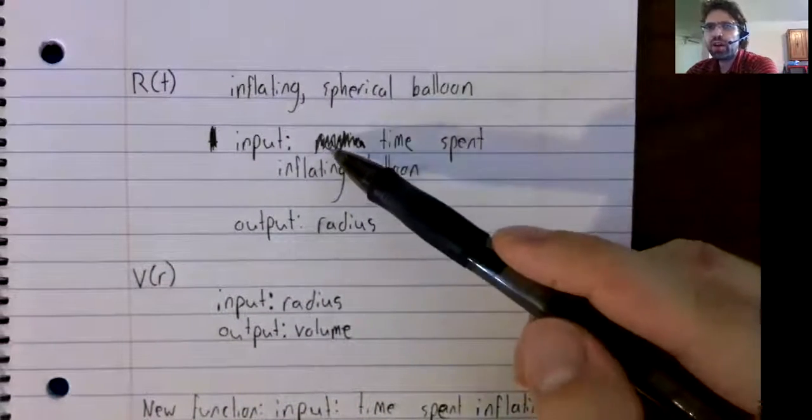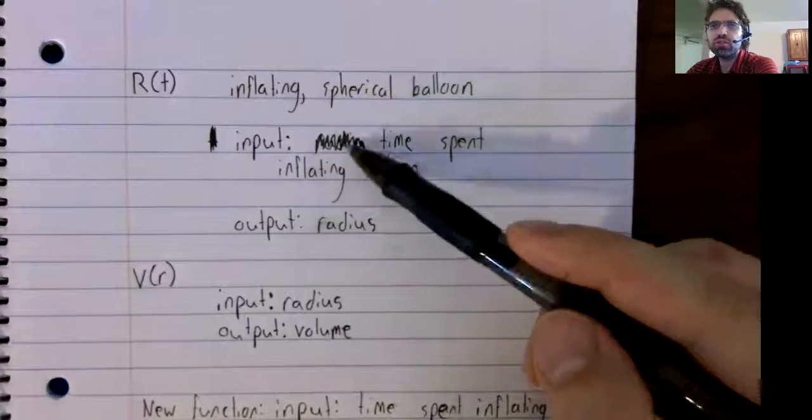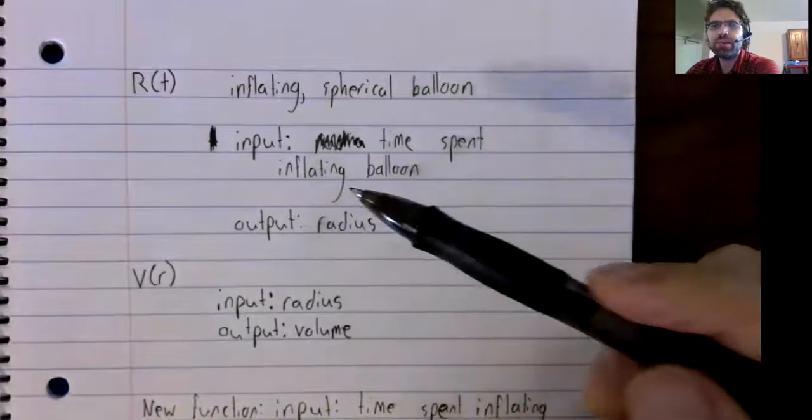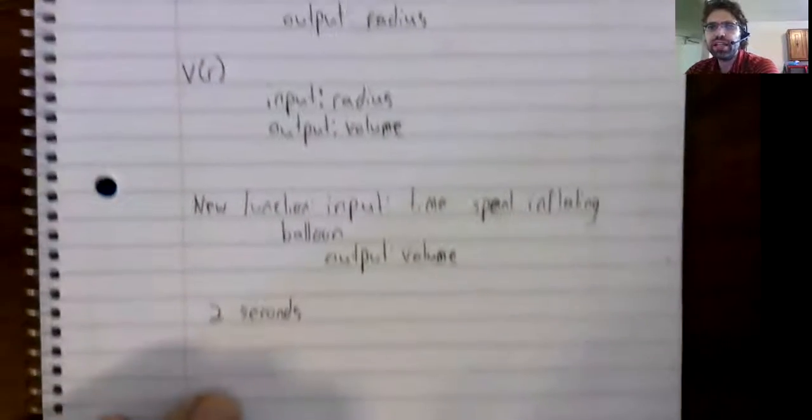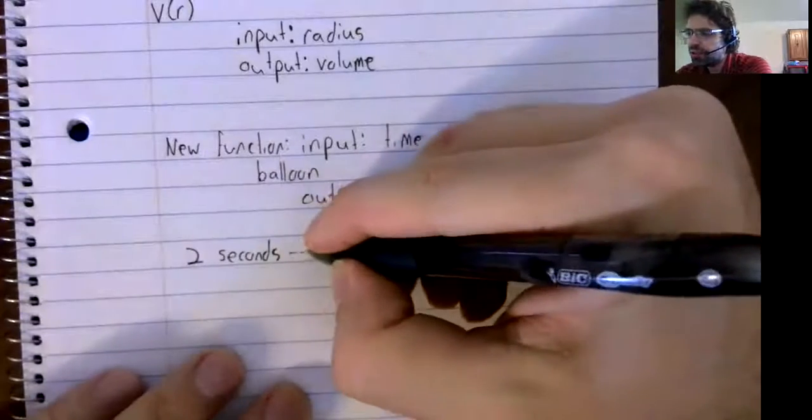The first function lets you use that time to find the radius.